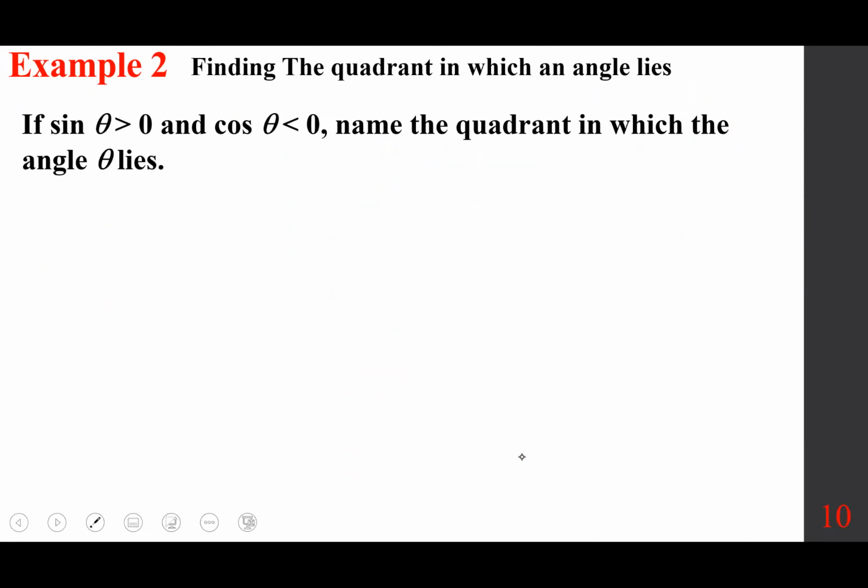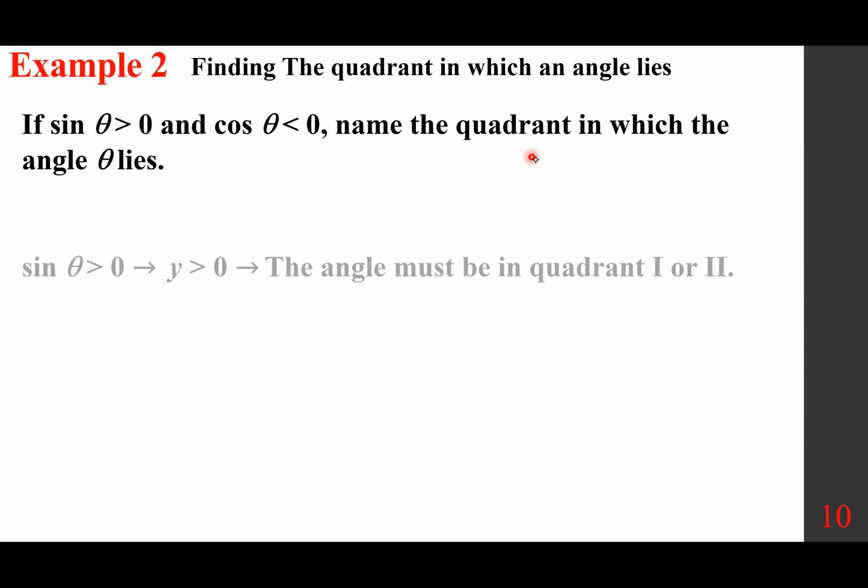Here's a simple example. We know sine is positive. We know cosine is negative. And we want to come up with the quadrant. So sine is positive in the first and second quadrant.